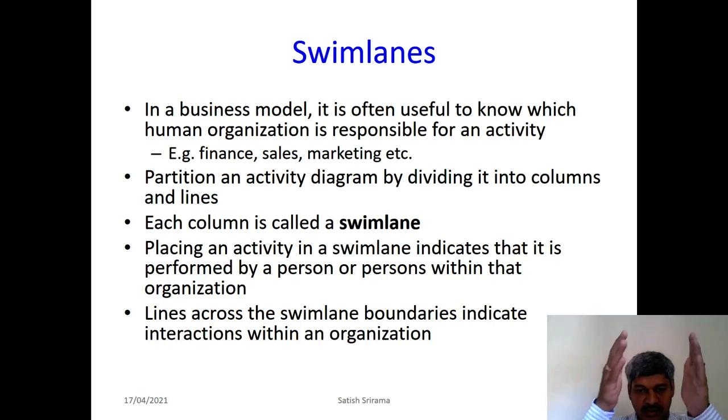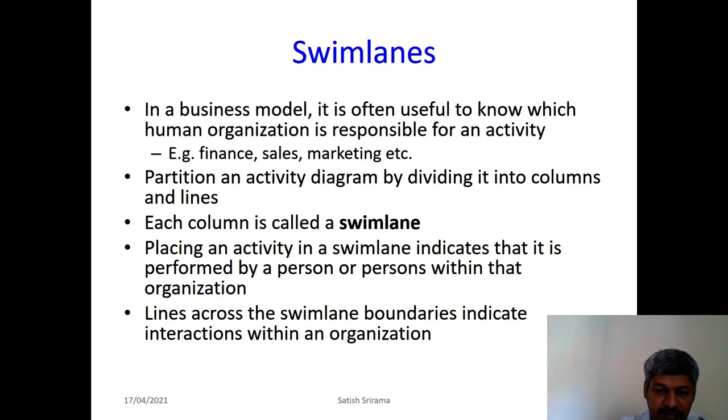Each column is called a swim lane, and the lines separate the swim lanes. Placing an activity in a swim lane indicates that it is performed by a person or persons within that organization, say by finance or sales. I will give you an example in the next slide that makes things very clear.